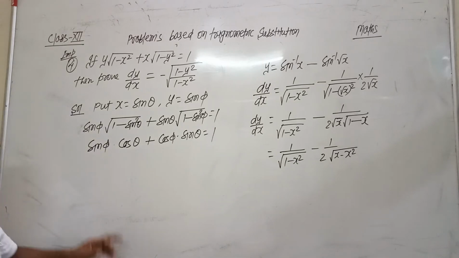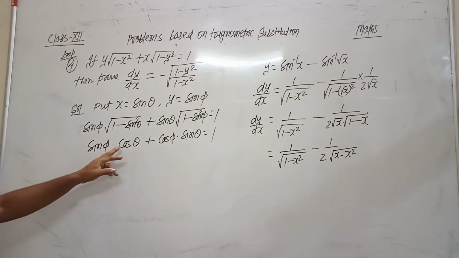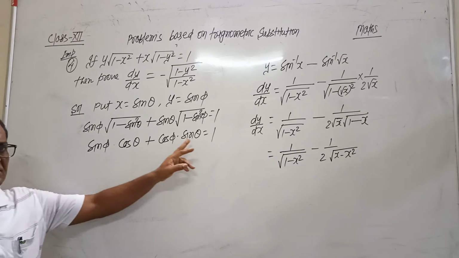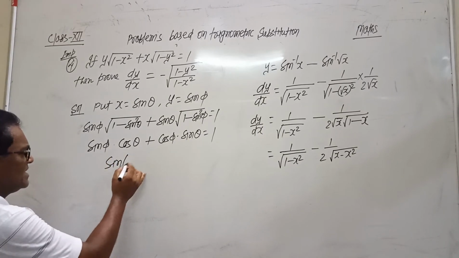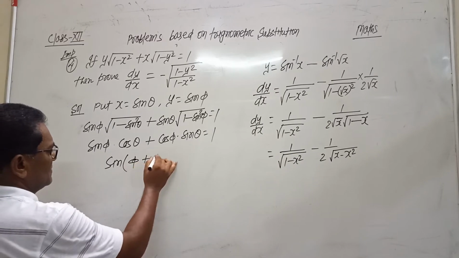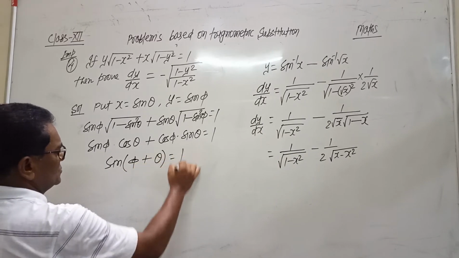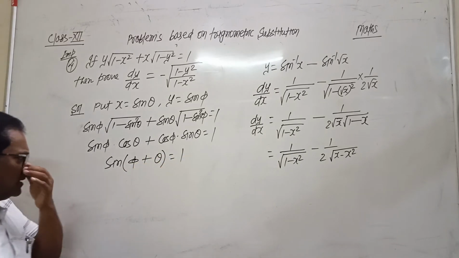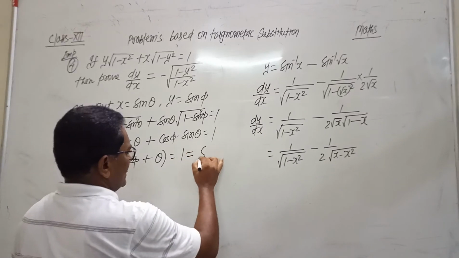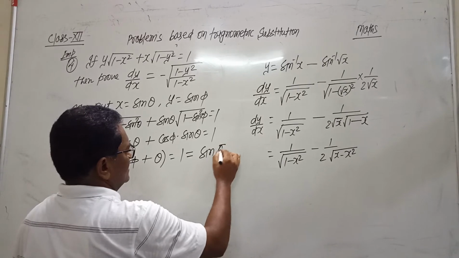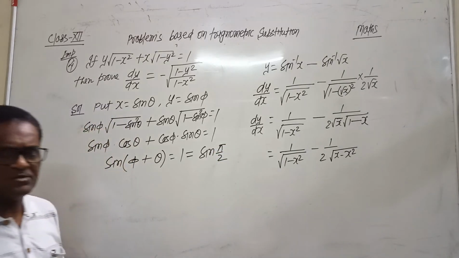This is the formula: sine A into cos B plus cos A into sine B is equal to sine of A plus B. So phi plus theta equals 1. And we know the value of 1: sine 90 degree, meaning sine pi by 2, is 1.